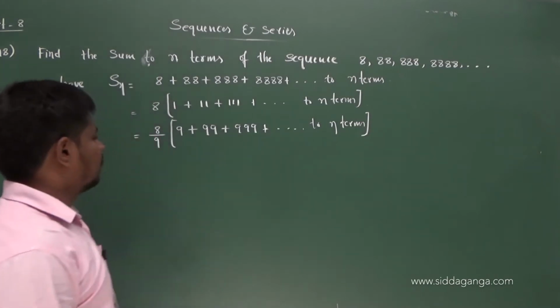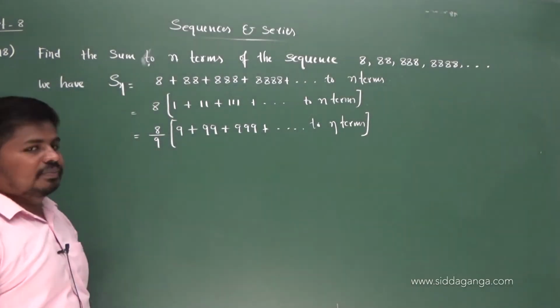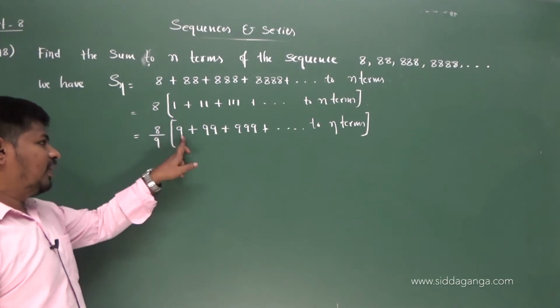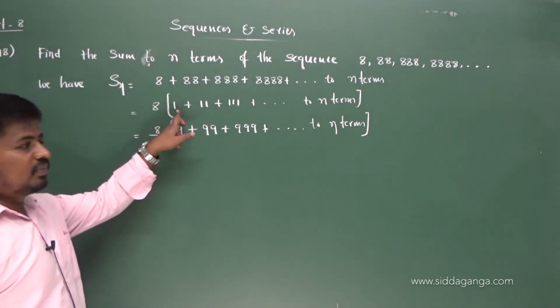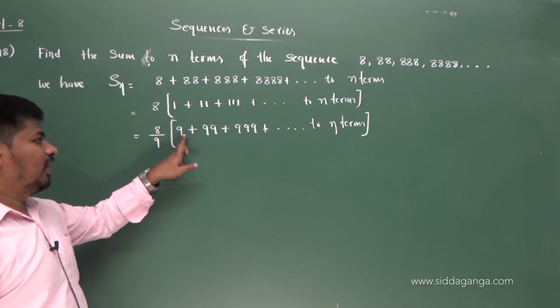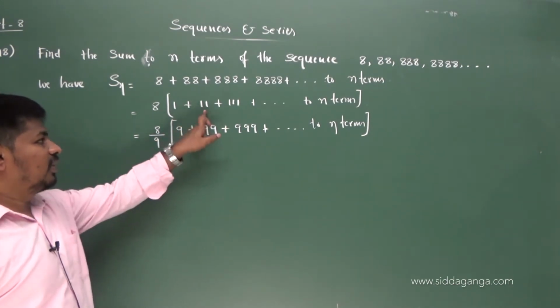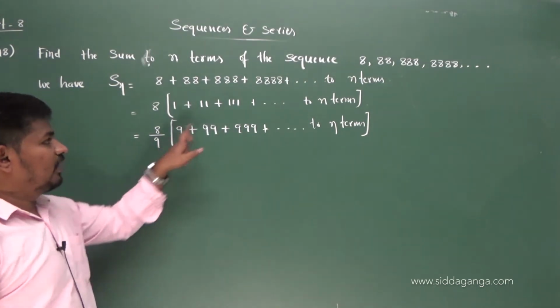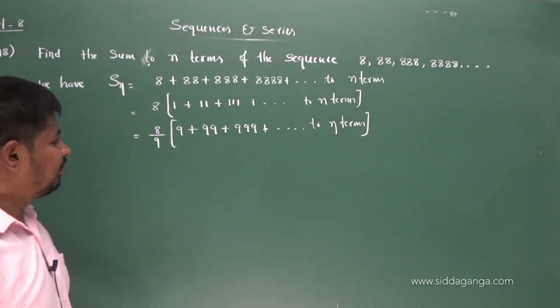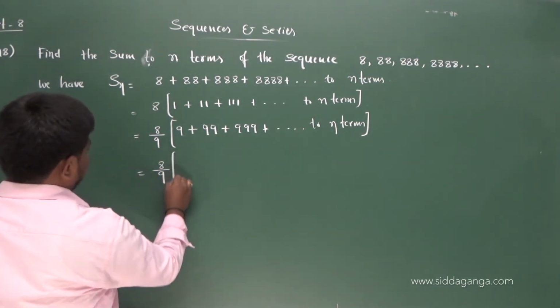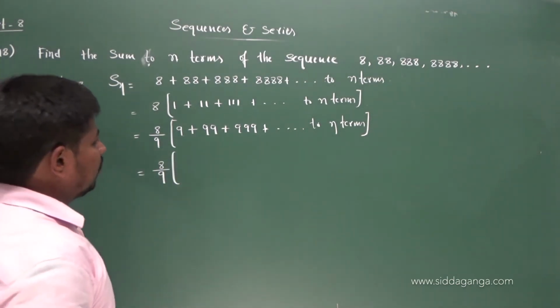Okay, now just divided and multiplied by 9, that's it. If you multiply this 8 by 9 into 9, the 9s get cancelled, you get 1. You mean 9 into 1 by 9, 99 into 1 by 9, 999 into 1 by 9, and so on. Next, I am going to rewrite this. Important.